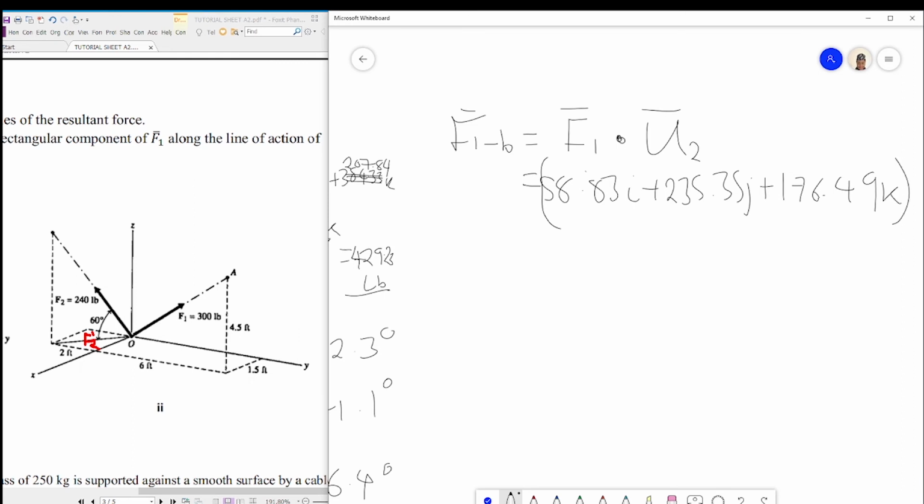That's our F1. Then dot the unit vector, which is 0.3i minus 0.4j plus 0.866k.